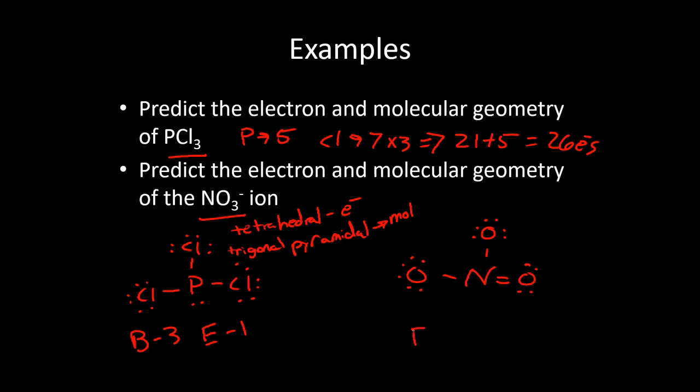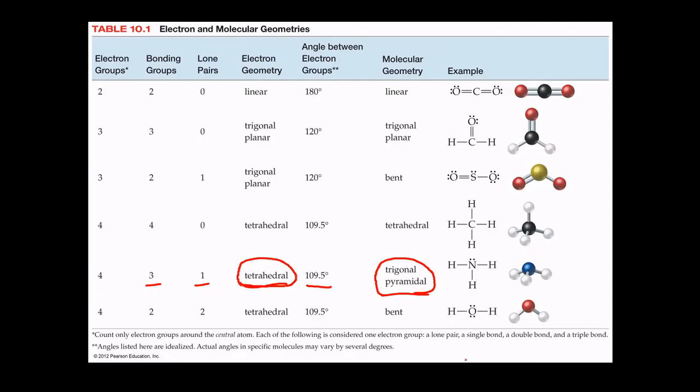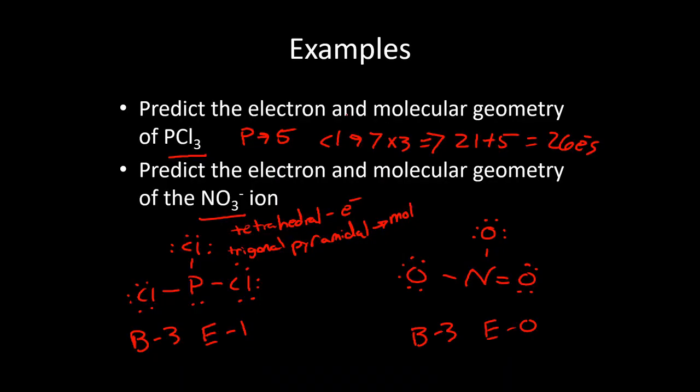So we have 3 bonding groups and no lone pairs on our central atom. If we check that, 3 bonding groups and 0 lone pairs is trigonal planar for both geometries. So that is electron and molecular geometries.